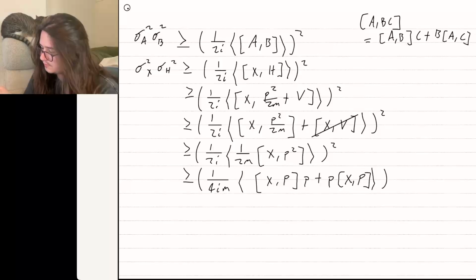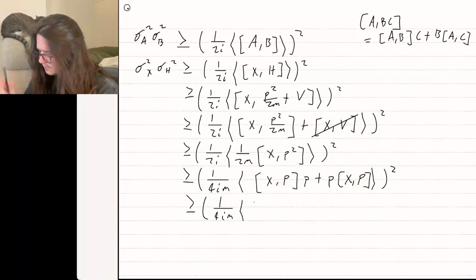Now both of the leftover commutators are just the general commutation relation as well. So we know what the result of that is. It's i h bar for both of them. So this is i h bar p plus p i h bar.